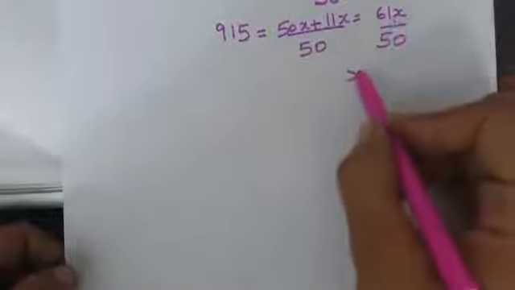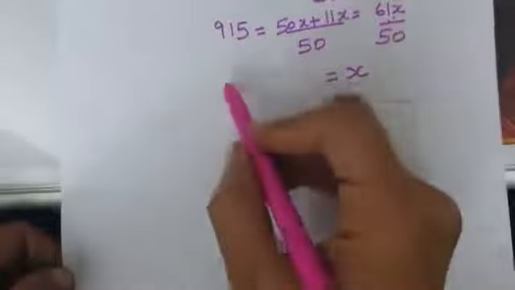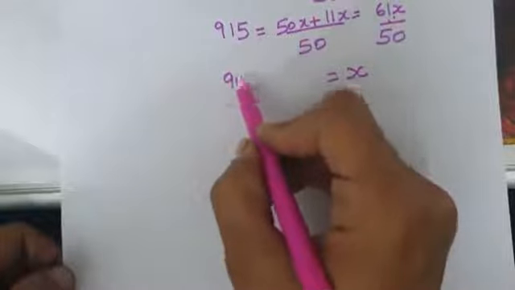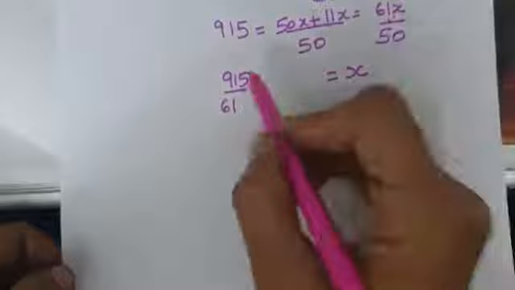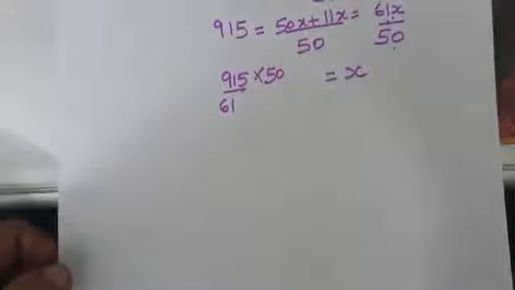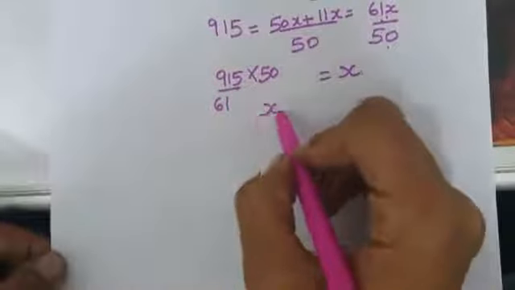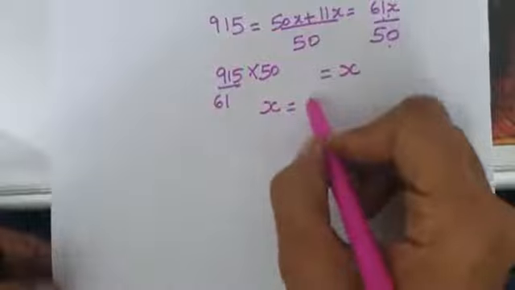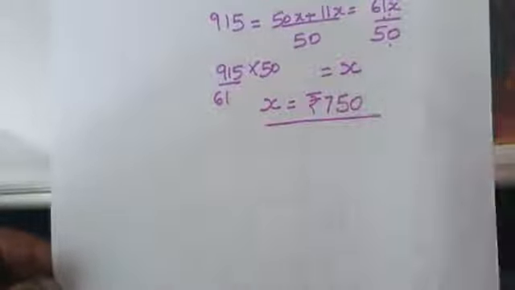So x will remain here and 61, which is in the denominator, will go in the numerator. Clear? On calculation, finally, principal will come rupees 750. Clear?